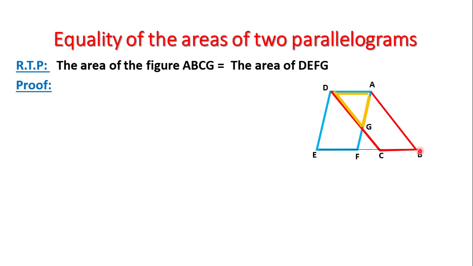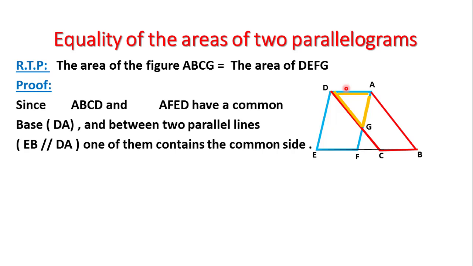So AD is parallel to BE. That means the two parallelograms are between two parallel lines and they have a common base, and this common base is carried on one of the two parallel lines. So the two parallelograms are equal in area.